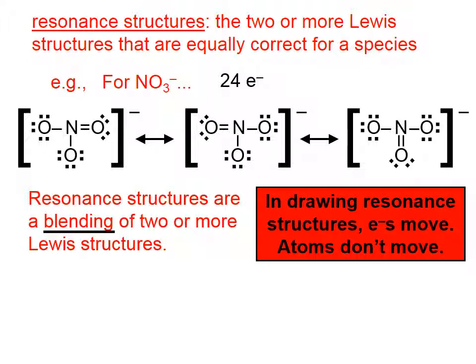When you draw resonance structures, first of all, you need to show them all, and secondly, the atoms remain in place. It's not the atoms that move around, it's the electrons that you show being in one place or the other.